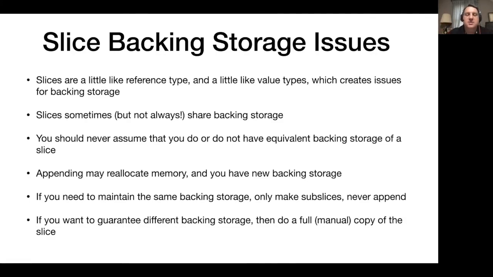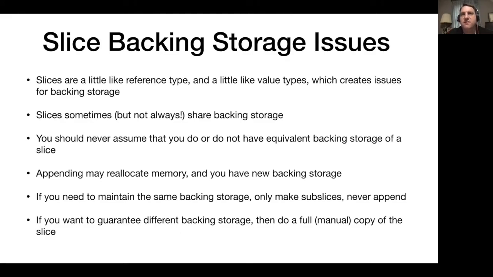Okay, so slices sometimes, but not always, share backing storage. So you should never assume that you do or do not have equivalent backing storage of a slice if you've done appends to it. Now, if you're just doing sub slices, then you can assume that you have the same backing storage.